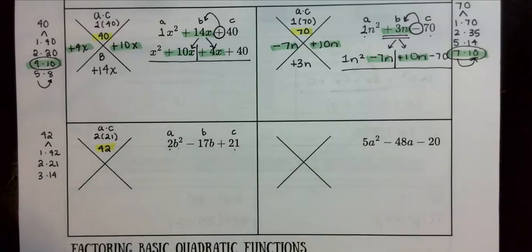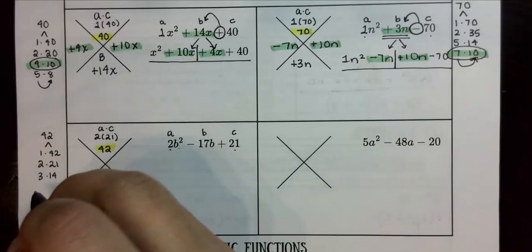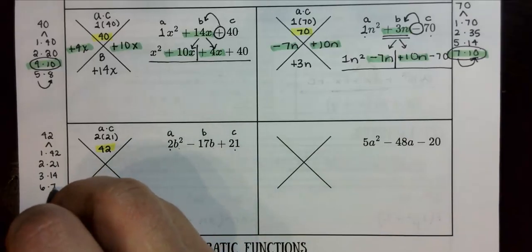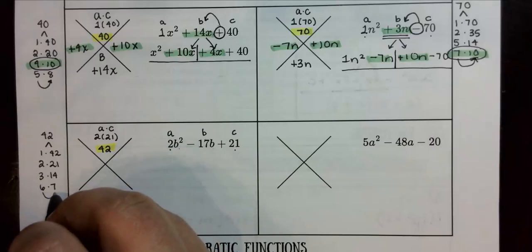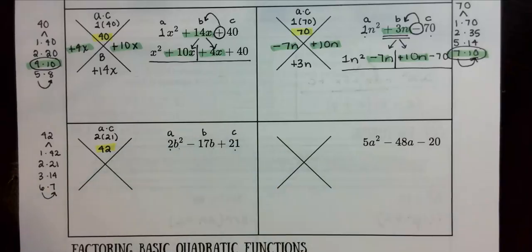Then 42 divided by 4 doesn't give me a whole number, so I'm going to skip that one. I know 42 is not divisible by 5, so we skip that one. 42 divided by 6 gives us 7. After 6 comes 7, but 7's already on the list, so we can actually stop. These are the only numbers that if you multiply them together would give you 42.